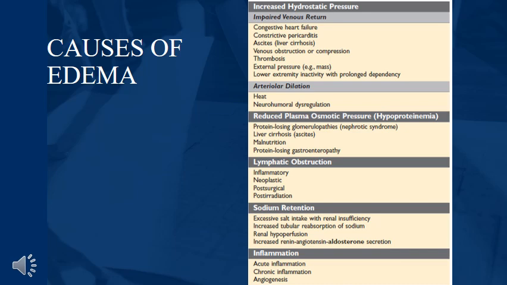So why can albumin cause osmotic pressure reduction? There are two conditions. If albumin production, in other words albumin synthesis, is low, it means our body is unable to compensate for the need of albumin.